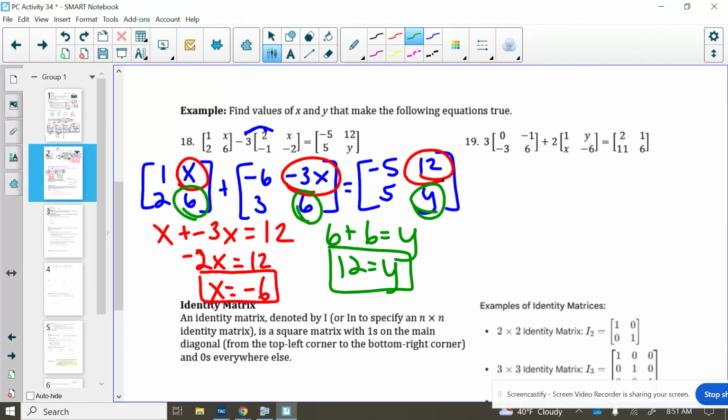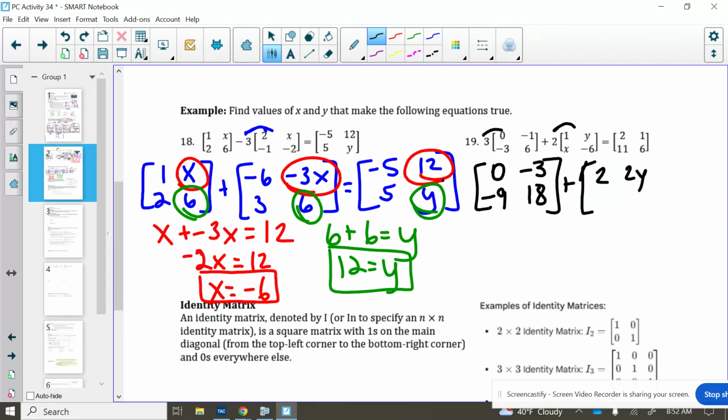So again, you want to start off with these by making sure you distribute that scalar for both of these this time. So we start off with 0, minus 3, minus 9, 18. Distribute the 2. We get 2, 2y, 2x, negative 12 equals, again, that unchanged right-hand side matrix.